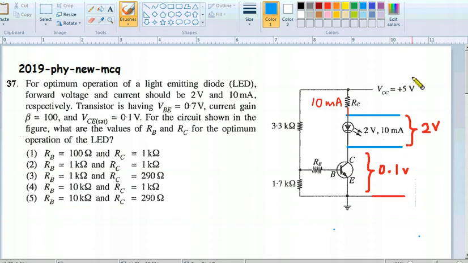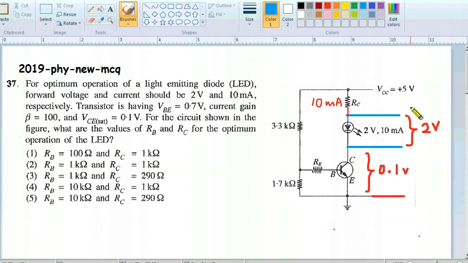So that is what here they have marked. So since this total has 5 volt, then from that 5 volt this 2 volt is given to this diode, this 0.1 volt is given to this transistor. So we have to find the remaining value from this 5 volt.